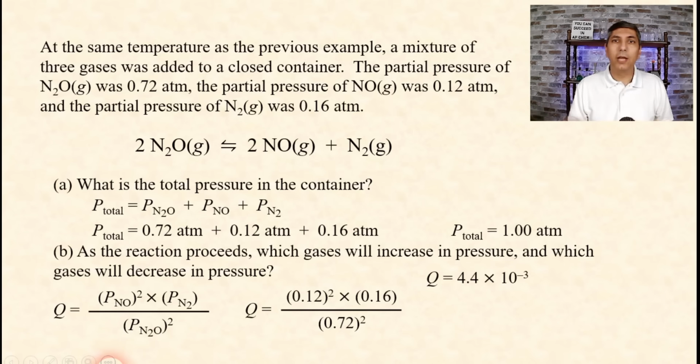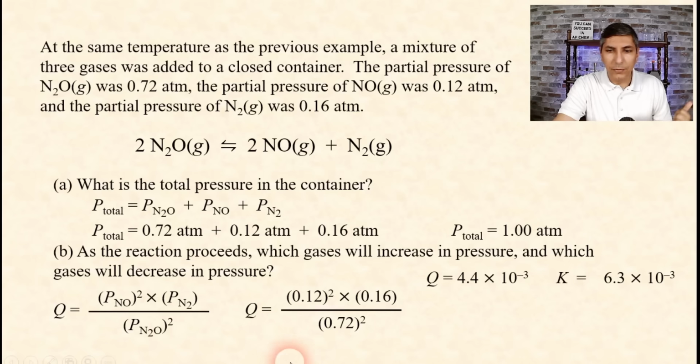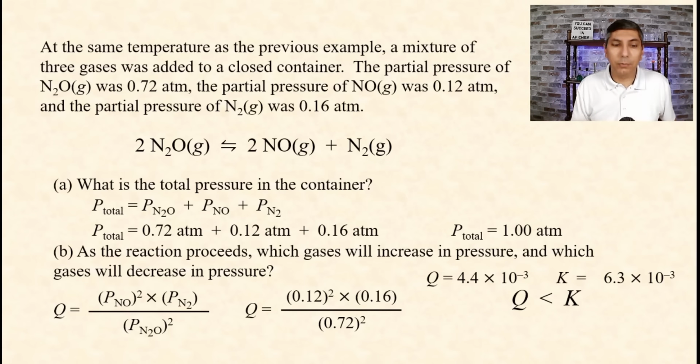Now we have to compare Q with K. And it looks like Q is less than K, because on our last problem, we just calculated that K was 6.3 times 10 to the negative third. So Q is less than K. Now, if you have trouble remembering what that means, I would strongly recommend drawing in the Pac-Man, just like we saw in the daily videos and in the unit summary video there on the Ultimate Review Packet.